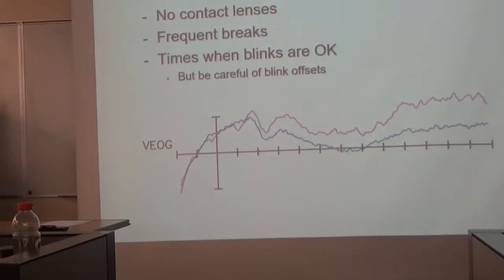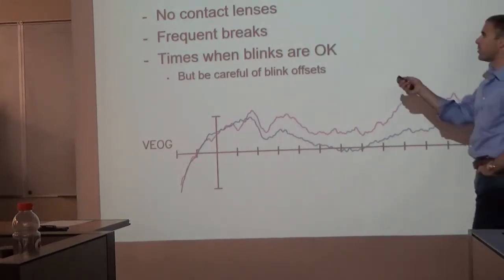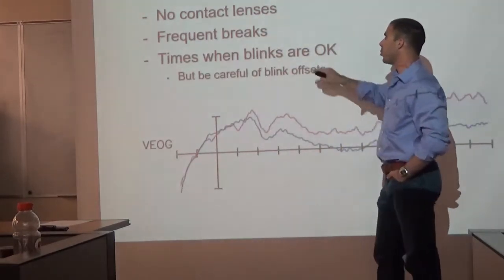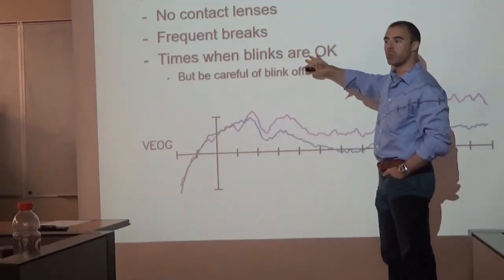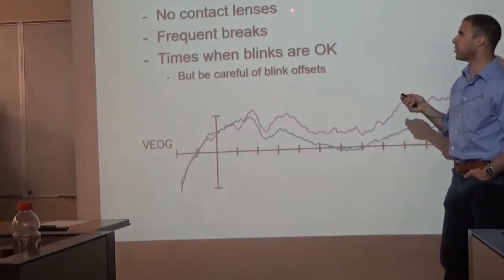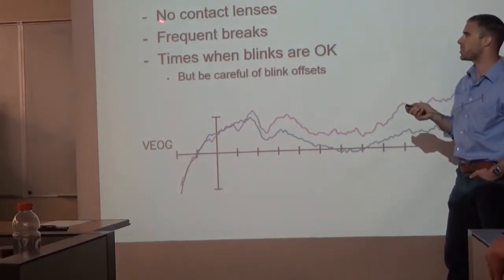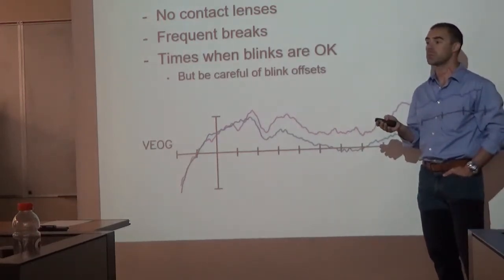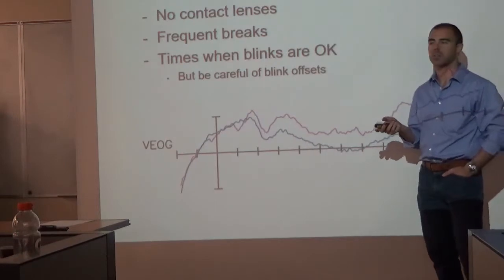We can also do the things we talked about to try to minimize the blink. You want to take some breaks. You want to instruct them on when it is okay to blink and when you do not want to blink. One little thing you might instruct subjects: if they wear contact lenses, maybe wear your glasses that day. Sometimes people blink a little bit more with contact lenses.